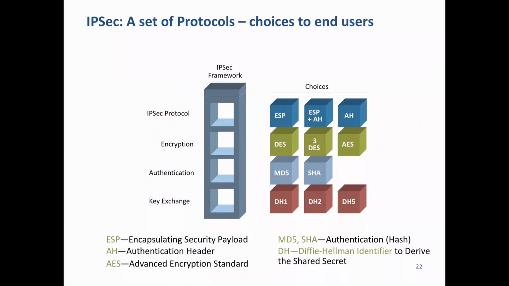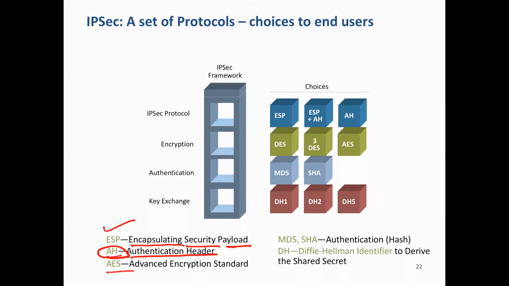Now, as we have discussed, the users are given a lot of choices, and these choices are negotiated between Alice's machine and Bob's machine, the two end machines, right? So we have the ESP protocol, which is called encapsulating security payload, which provides both encryption and authentication. Or if you want only authentication, then you can use the AH protocol.